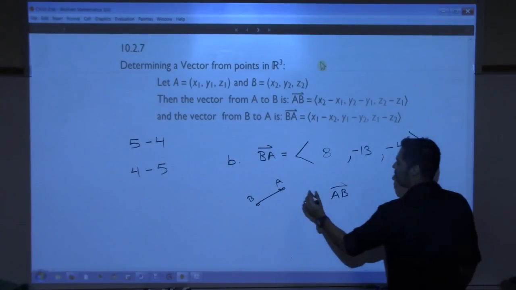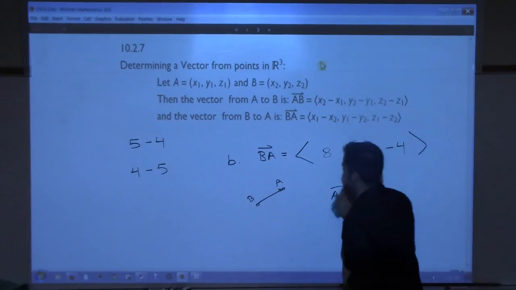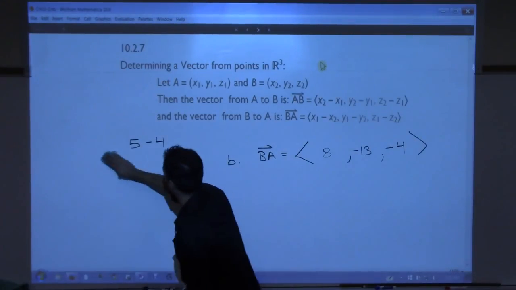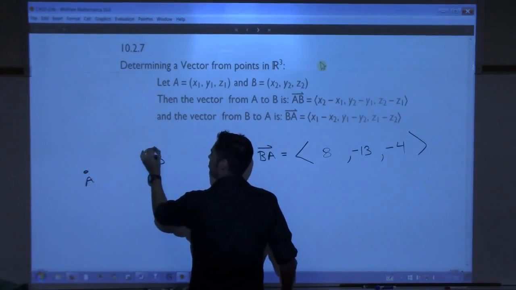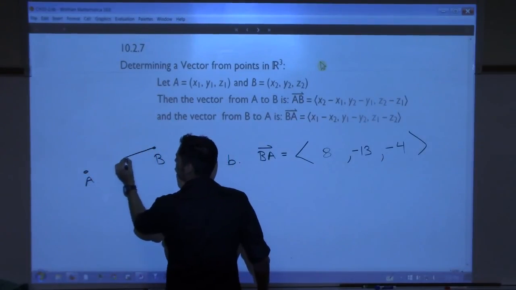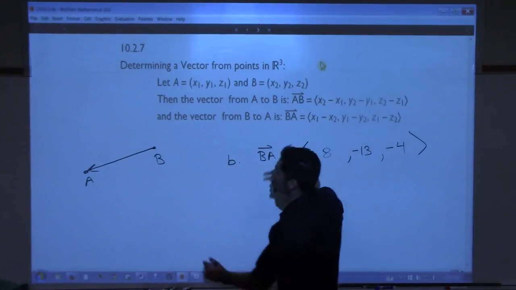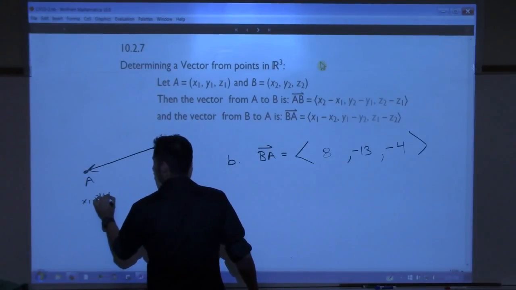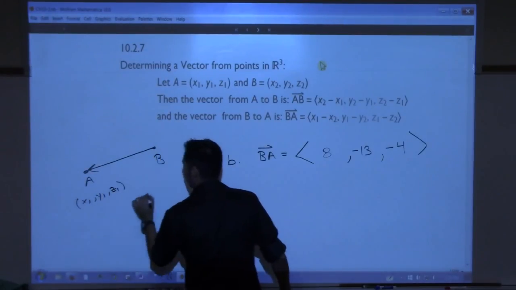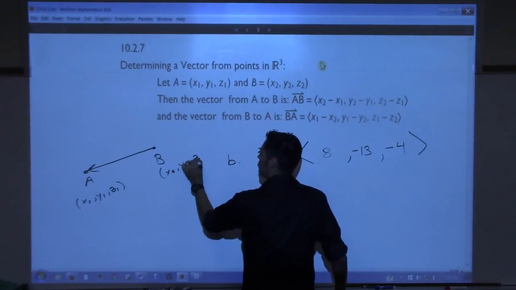So if you label these points, I'll go slower. Okay, here's A, here's B. Let's do the one from B to A, so it's this one. A is x1, y1, z1, so that's this point. This point is x2, y2, z2.